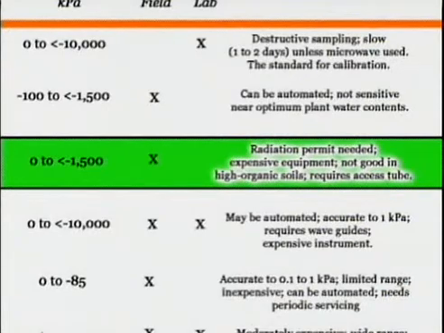You also have to establish stations in the field where you're going to be taking these readings, and at those stations you have an access tube. In other words, a tube in which you insert this neutron probe that is actually sending out radiation, and based upon these neutrons being reflected back by water molecules, we are receiving a reading of the amount of moisture that is being held in that particular soil.